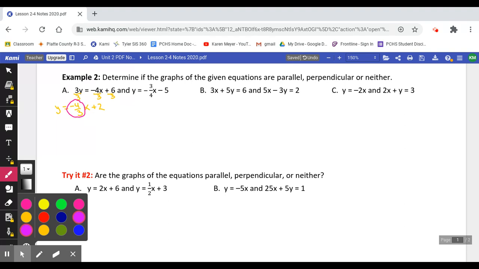Second line, it's already in slope-intercept form, so I can pick the slope really easily, which is negative 3/4. So are they identical? No. Are they perpendicular? No. They might be reciprocals, but they're not opposite because both of them are negatives. So then our answer for this problem is neither.